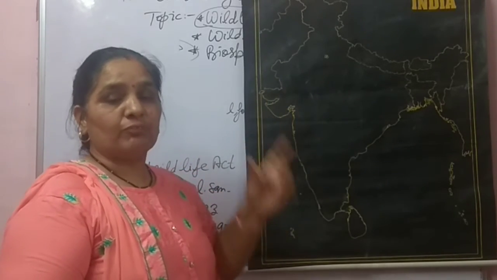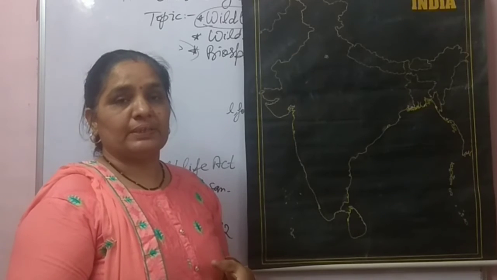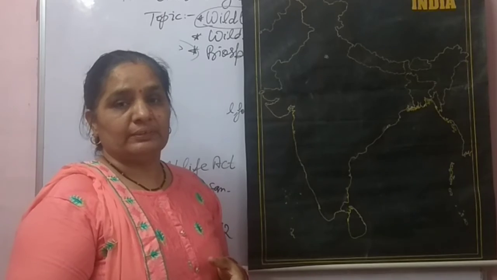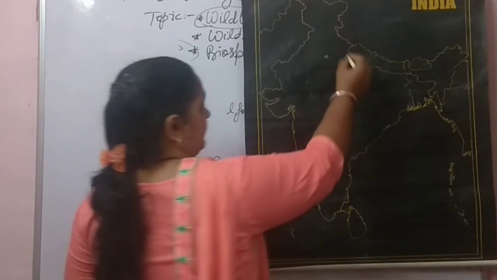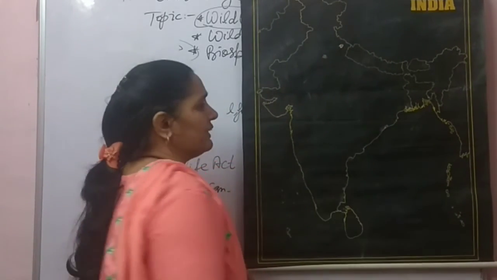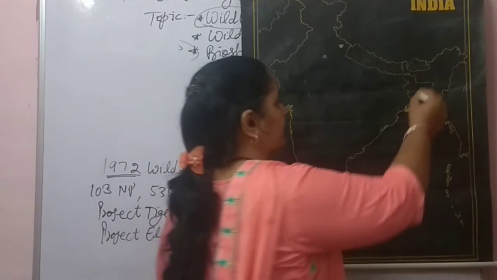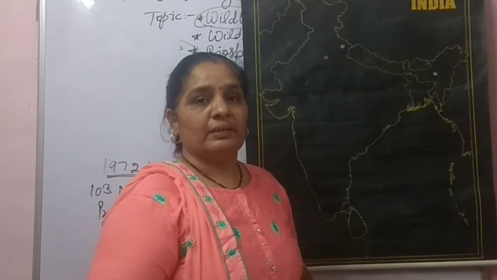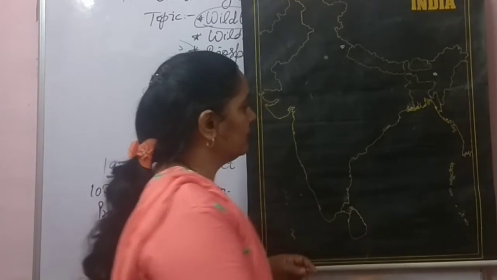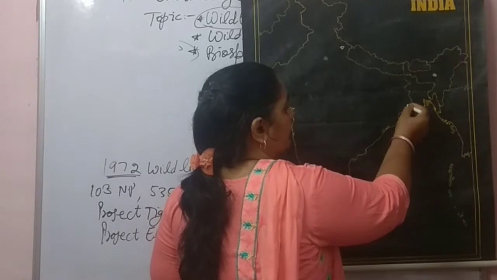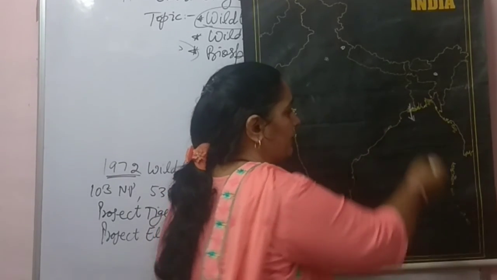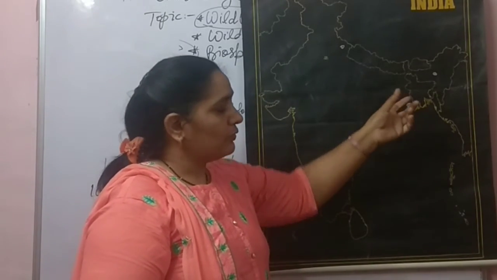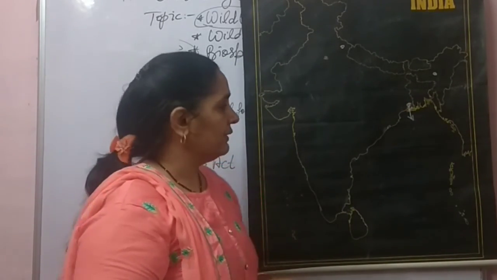First of all, the Biosphere Reserves and National Parks. Corbett National Park was established in Uttarakhand. Next one is Manas in Assam state, famous for rhinos. Next one, Sundarban Delta, is famous for the Bengal tiger, on the coastal area at the mouth of the Ganga and Brahmaputra rivers.